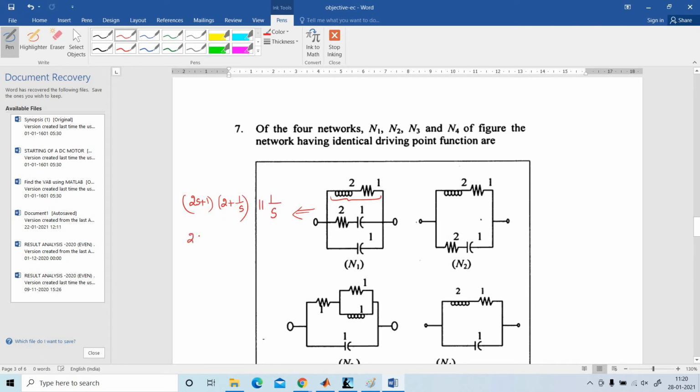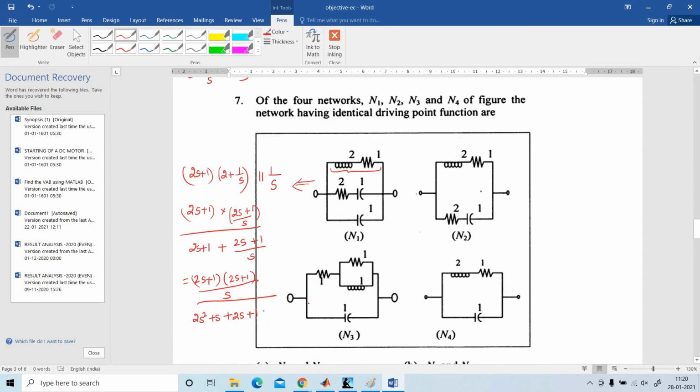Now I have to reduce this first: 1 by s equal to (2s plus 1) by s, divided by 2s plus 1 plus (2s plus 1) divided by s. So 2s plus 1 into (2s plus 1) divided by s, the whole divided by 2s square plus s plus 2s plus 1.